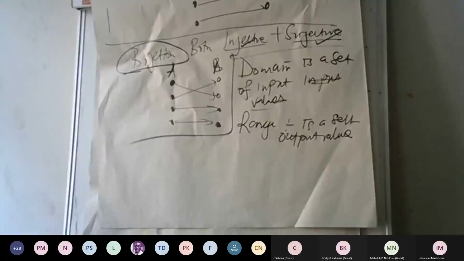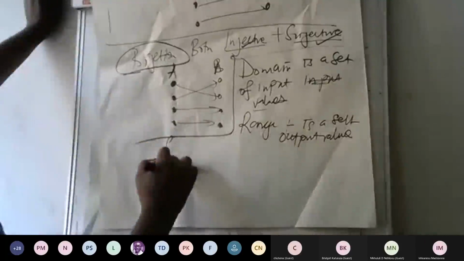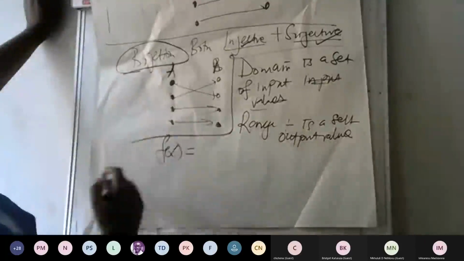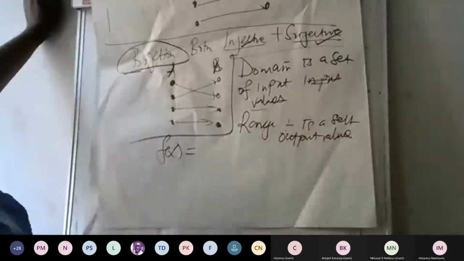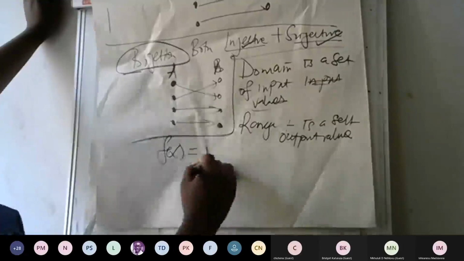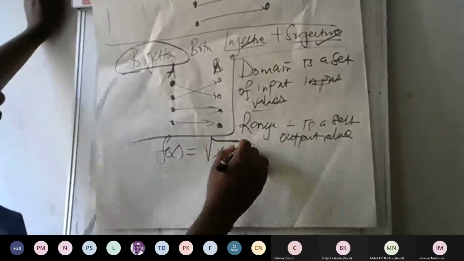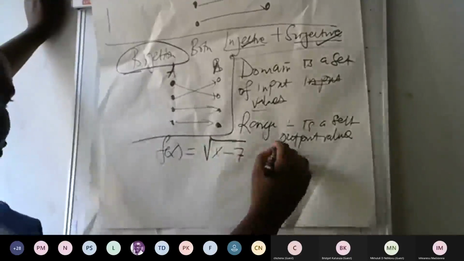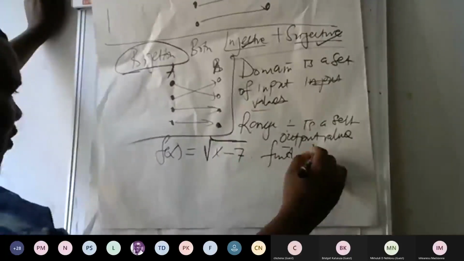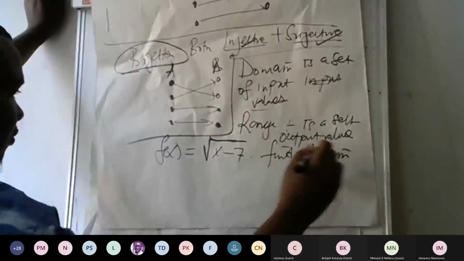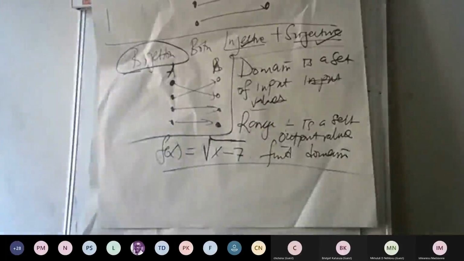So if you are given a function, for example, f of x is equal to the square root of x minus 7, then we are told to find the domain.